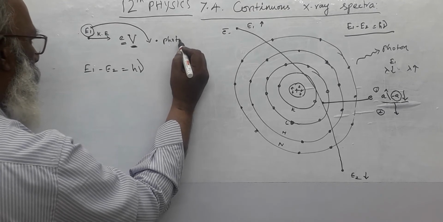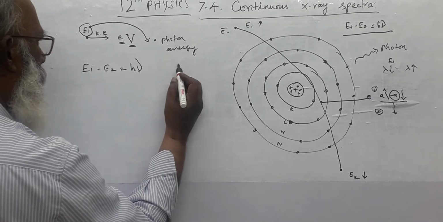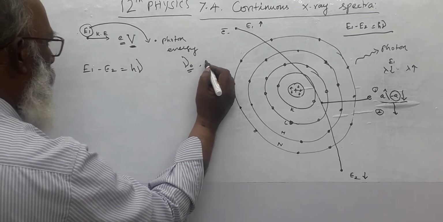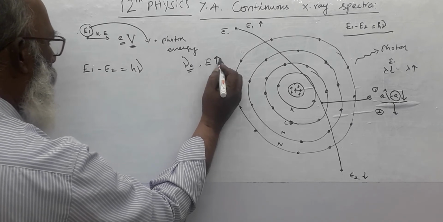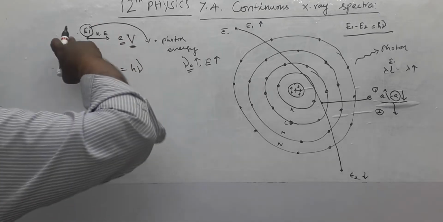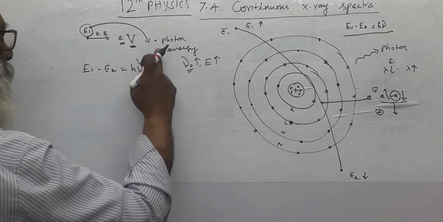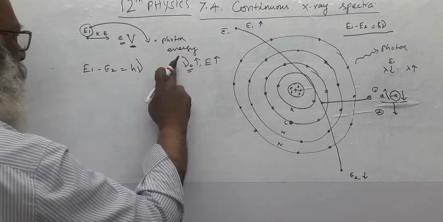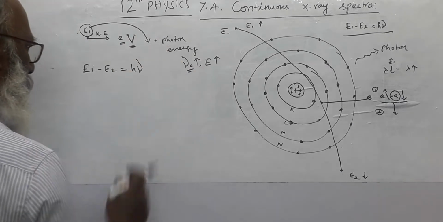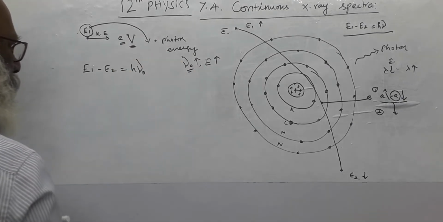What happens here? The frequency is maximum and the energy is maximum. If the total energy is completely transferred to the photon, then the radiated photon's frequency is high as well as its energy. So we can write this as h nu naught.